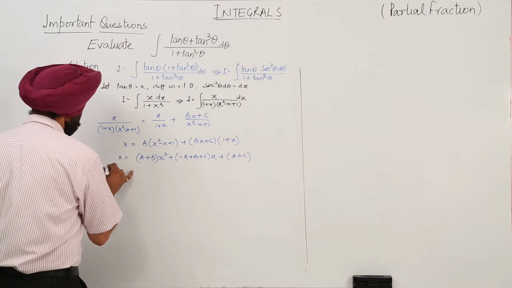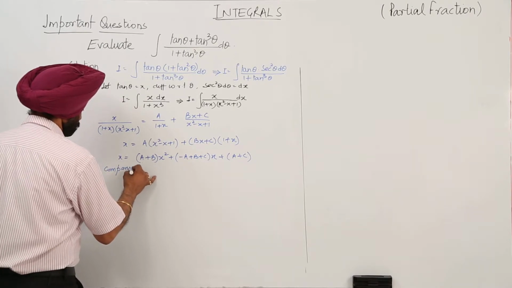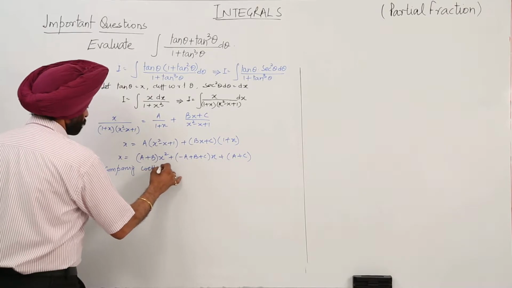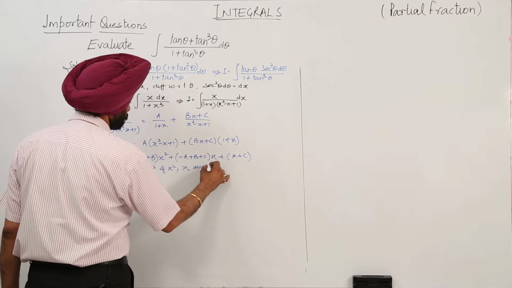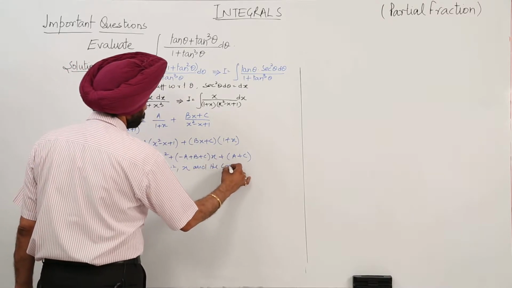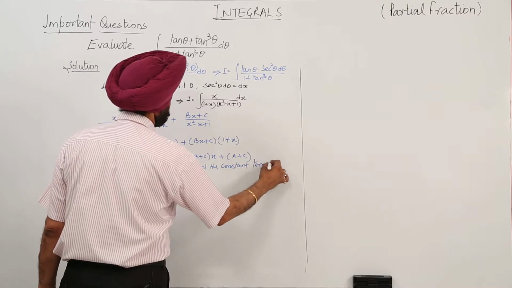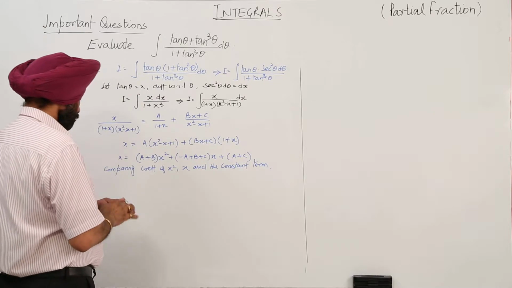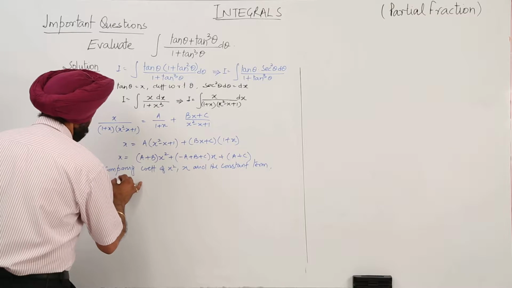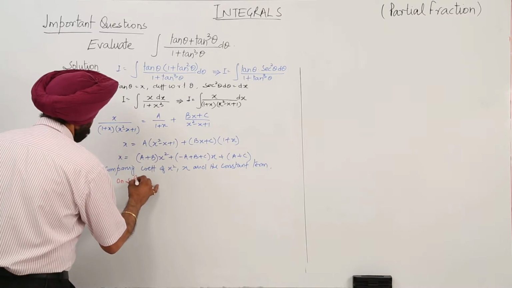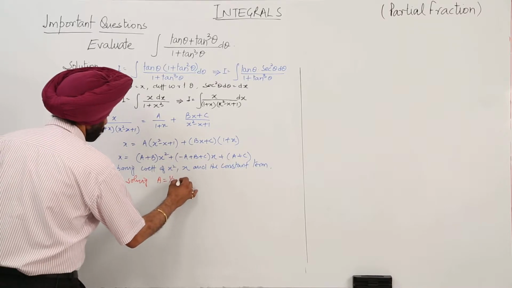Now comparing the coefficient of x square, x and the constant term, on solving, what are you getting?